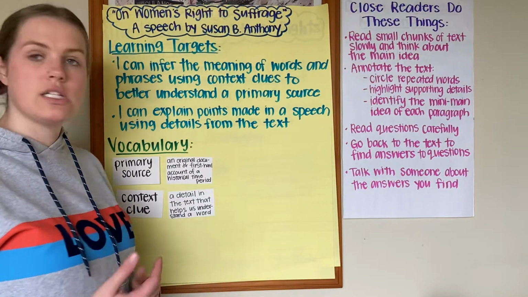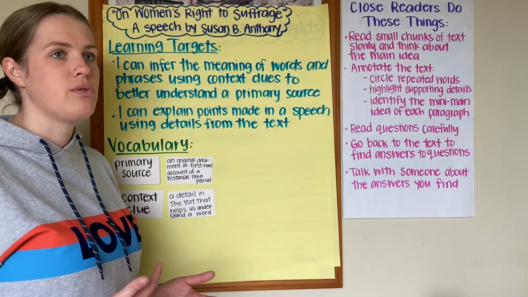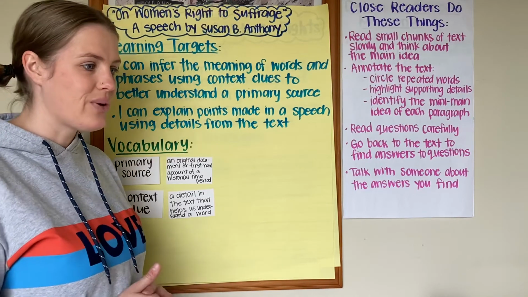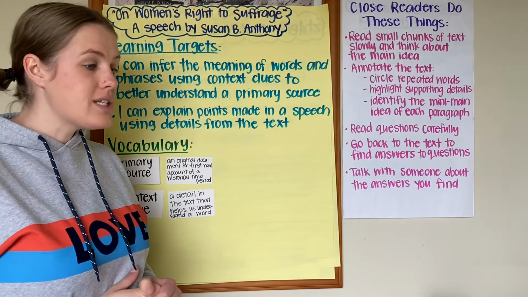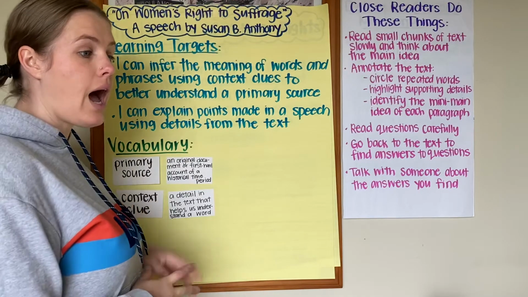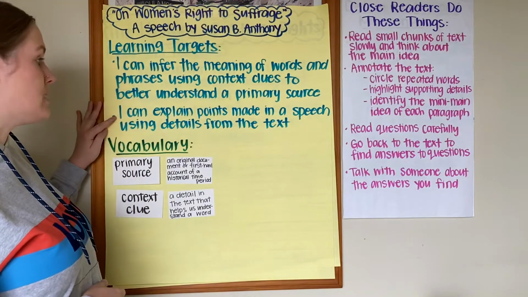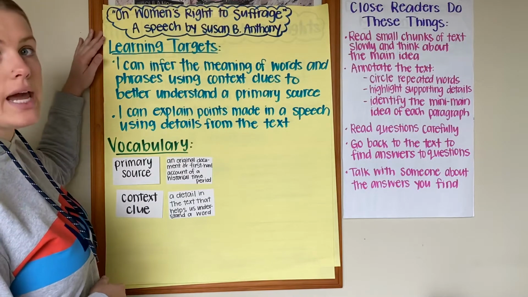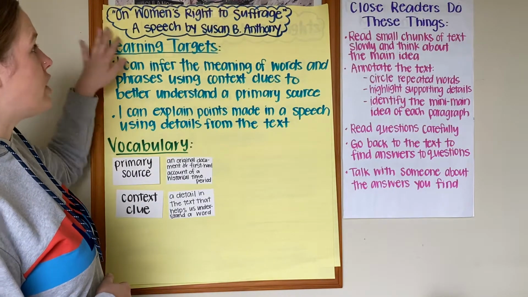Context clues are just anything you see in the text that makes you think, oh, I think this word means blank, okay? Our second learning target is I can explain points made in this speech using details from the text. And like I said, the speech we'll be reading today is On Women's Right to Suffrage by Susan B. Anthony.